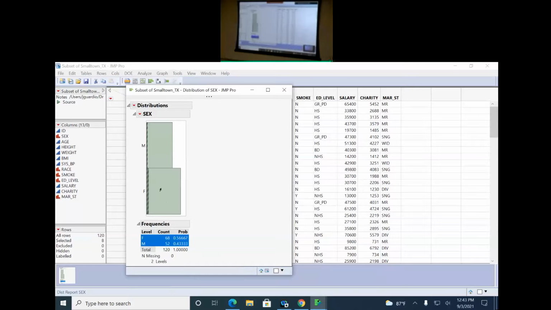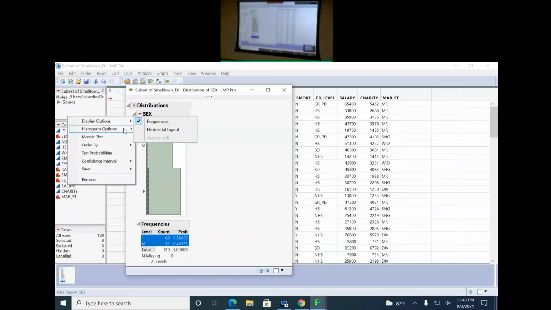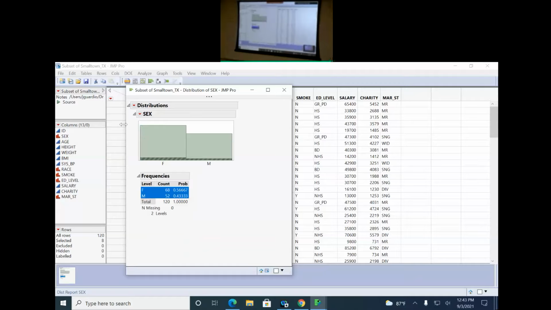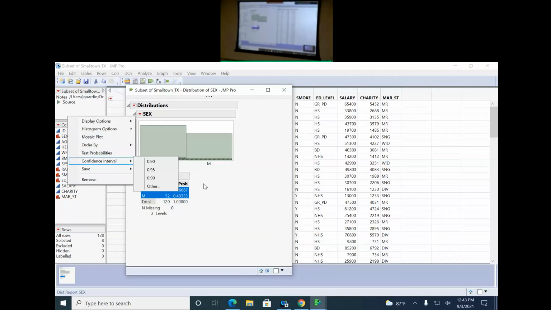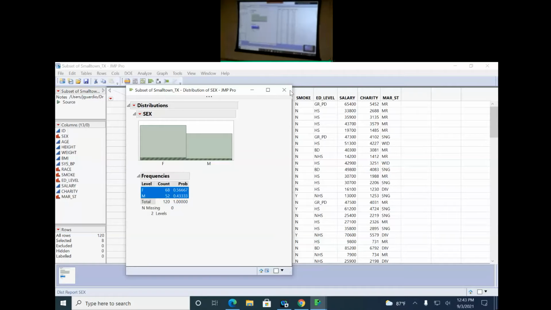So this is your histogram, and if I want stem and leaf, it should be having stem and leaf options here.